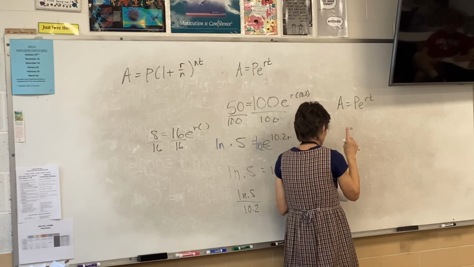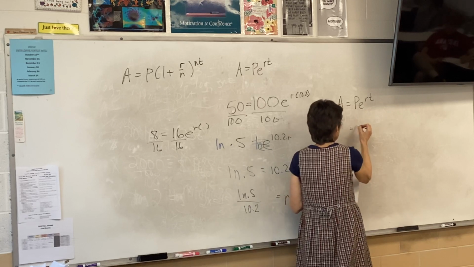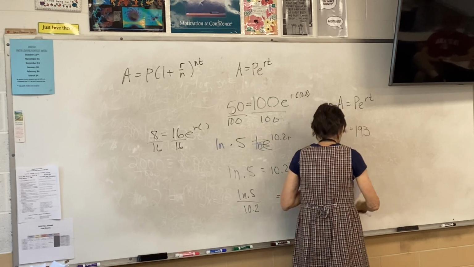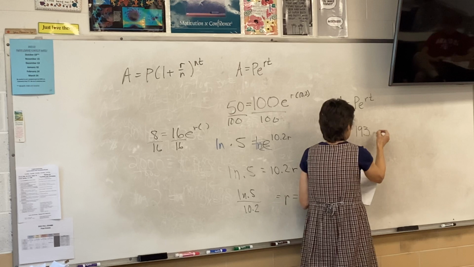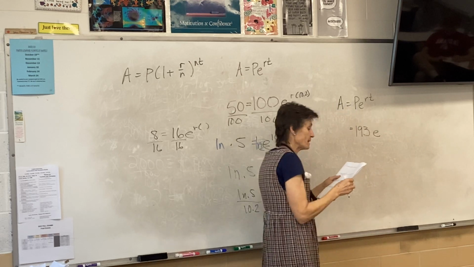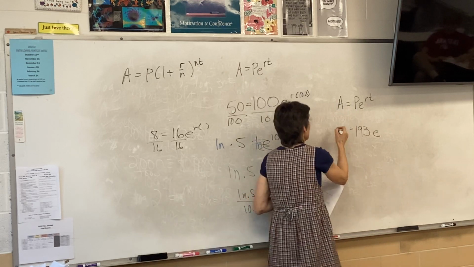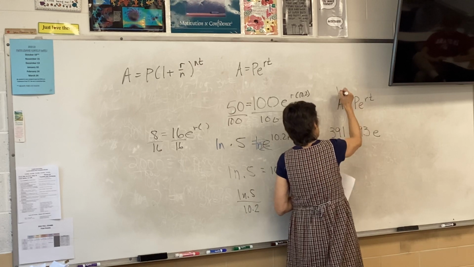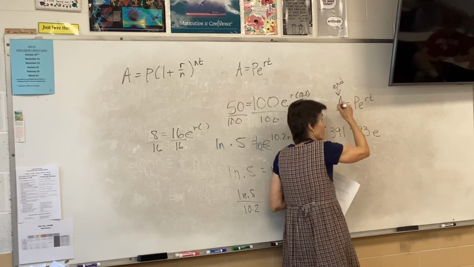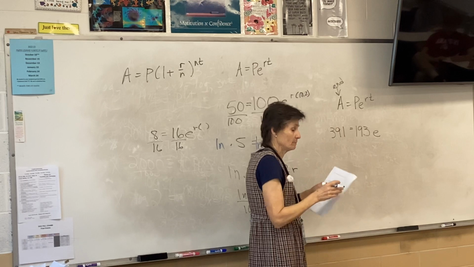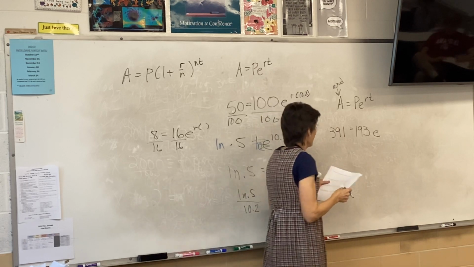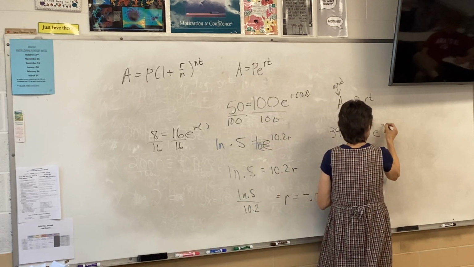What's the 193? Starting. So that's P. What's the 391? The ending. Somehow you gotta remember this is the end always. In both formulas, that's the ending amount. E to the 0.222t.